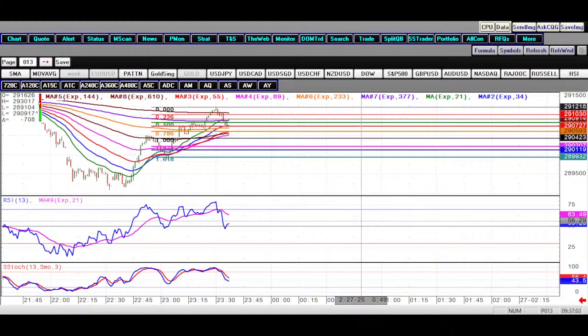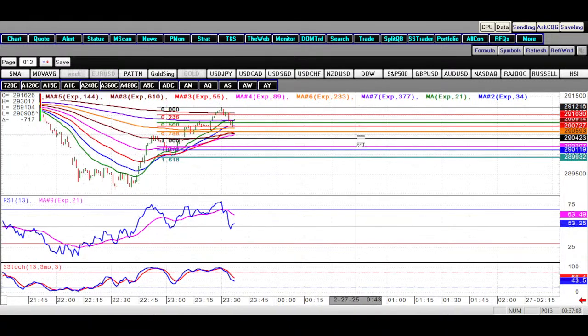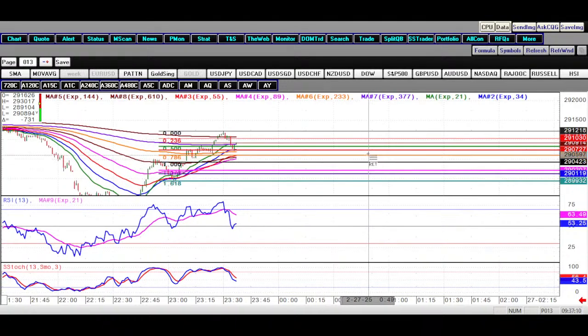Okay, Nasdaq is coming up. So then the gold also moving up a bit. Okay, let's see whether this order gets filled. Okay, Nasdaq is filled.